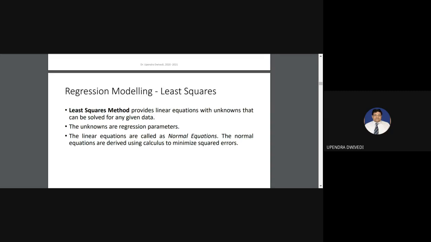The unknown values are called regression parameters. The linear equations are called normal equations. The normal equation is derived using calculus to minimize the square error. So now we'll apply the calculus concept to minimize the square error between the observed and predicted.